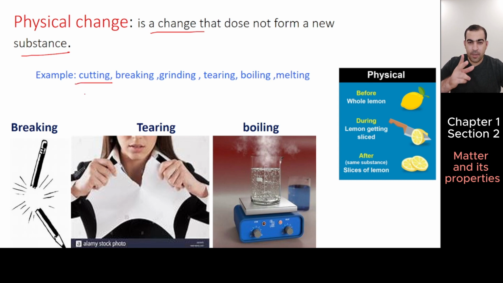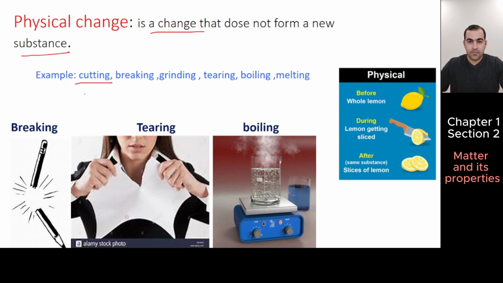You can cut a paper, but the paper is not going to be something else, no new substance forms, but you change the shape of the paper. Breaking, you can break a pencil, but it's still a pencil, right? Both sides, they are pencils. You have just changed the size and the shape. So tearing a paper, boiling water.